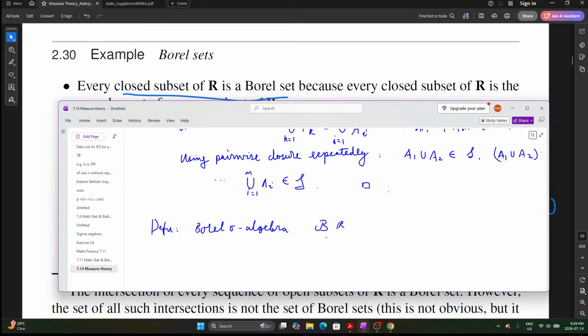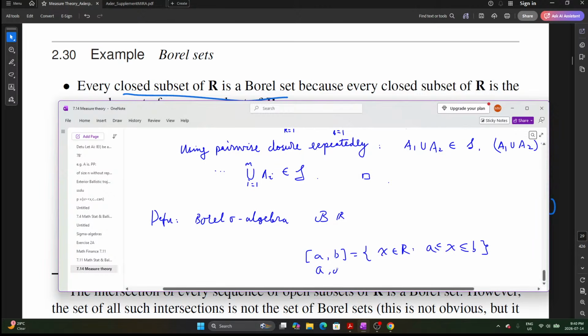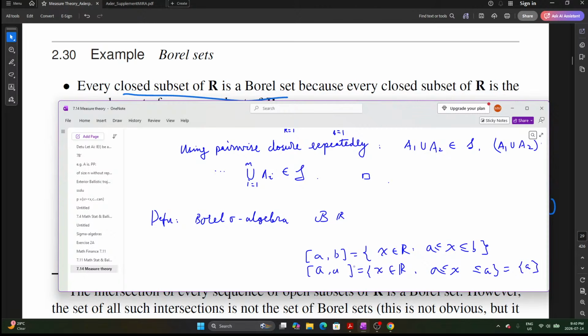Is the interval [A, A] equivalent? Yes, [A, A] is a valid expression, because when you write [A, B], this just means x in the reals such that x is greater than or equal to A and less than or equal to B. Apply this definition, then [A, A] is just x in the reals, x greater or equal to A and less than or equal to A. Of course, this is equivalent to just the singleton {A}.